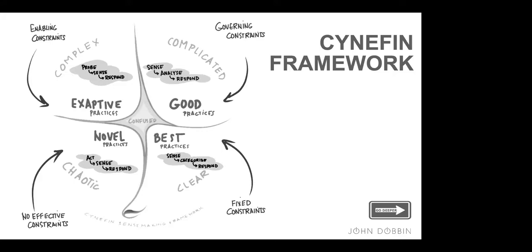Now, what that little cloudy thing does in the middle is that when we have a clear problem, it tells us what we need to do. What it says there is sense, categorize, and respond. So we sense that we're running out of storage.